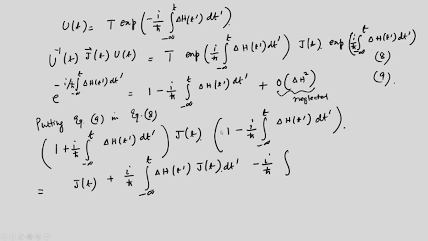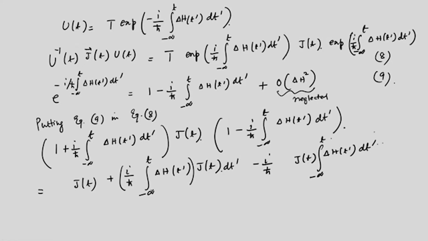You understand, just do this simplification and then you will have J(t) and delta H(t') and dt'. You can actually keep the J(t) outside this thing. Okay, the J(t) can be outside and you have minus infinity to t and so on.